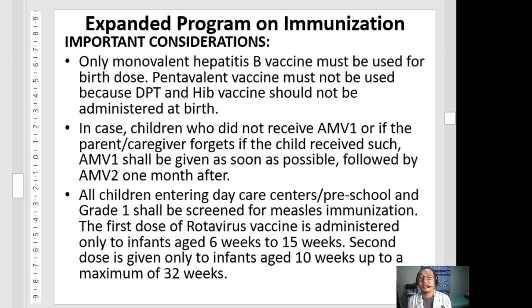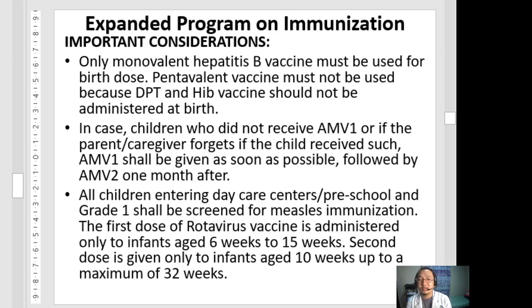In case the children did not receive AMV1, or if the parent or caregiver forgets if the child received such, AMV1 shall be given as soon as possible, followed by AMV2 one month after. AMV1 refers to your anti-measles vaccine. AMV2 refers to your measles, mumps, rubella vaccine.